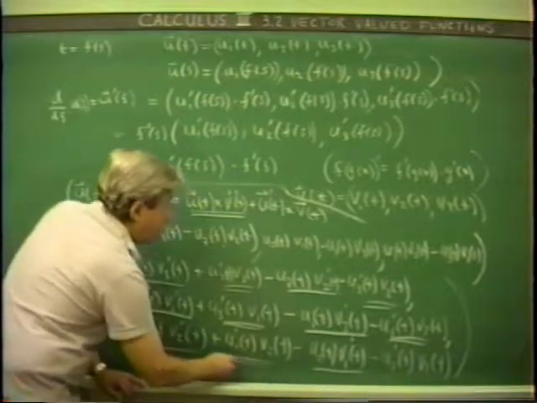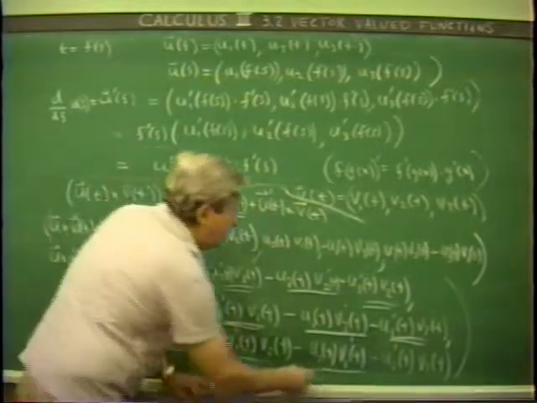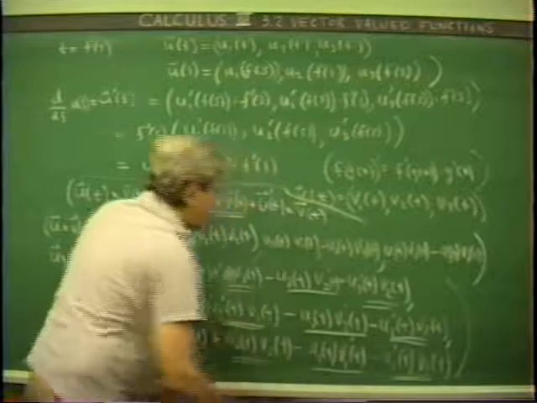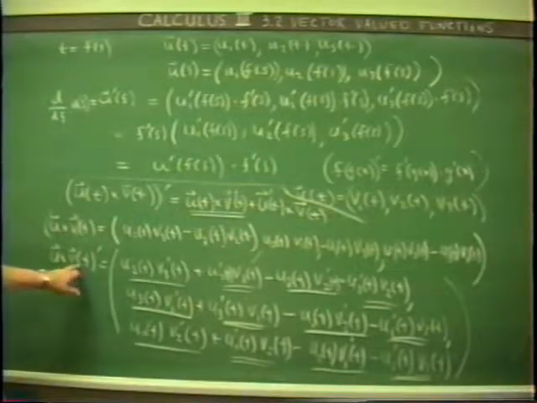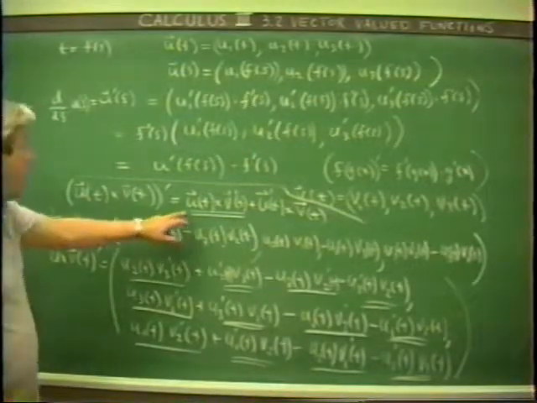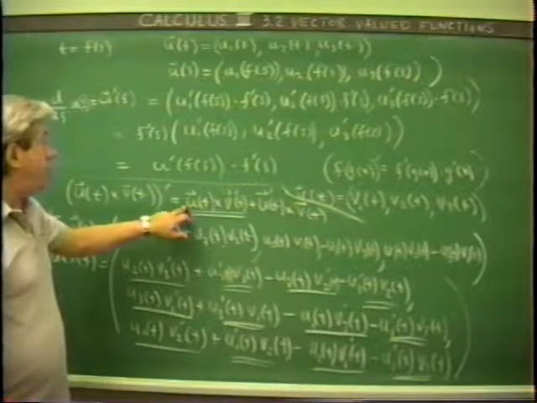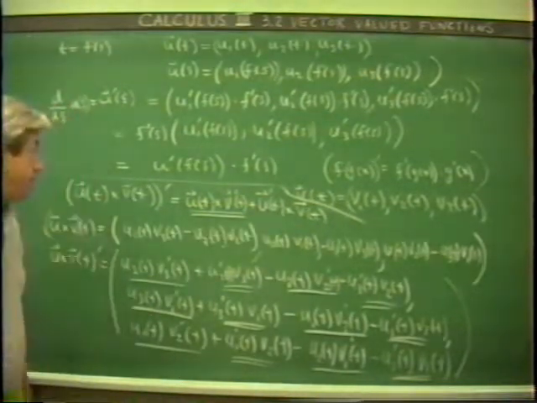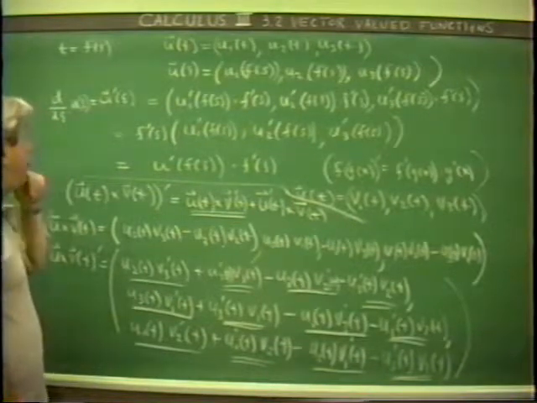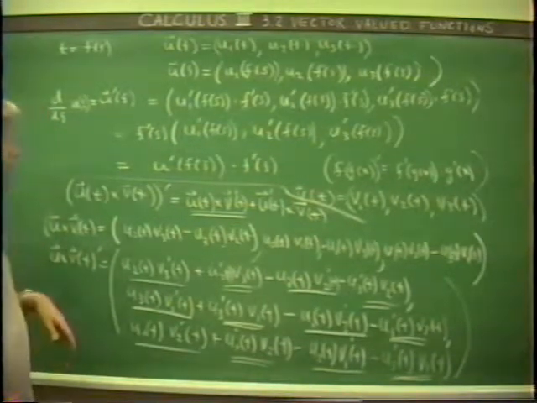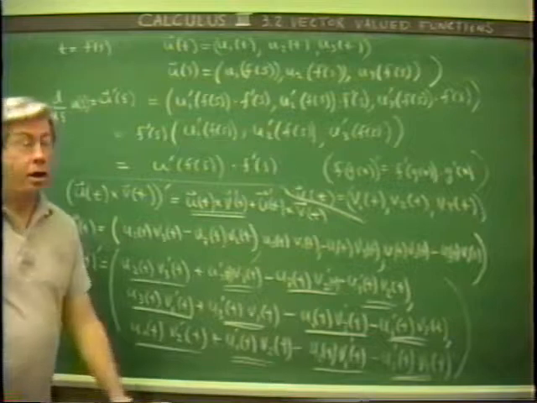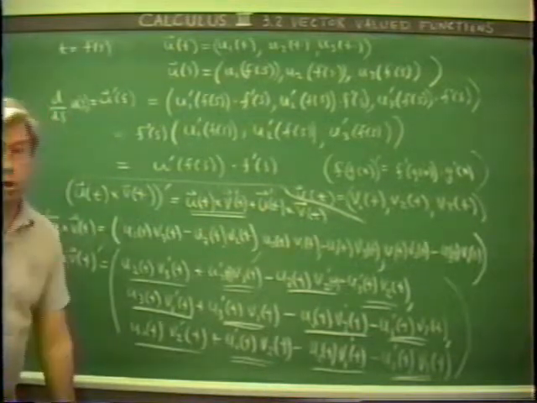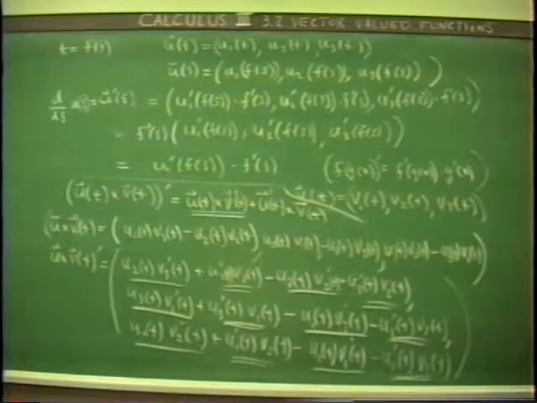And finally, for the z component, u1 prime v2 minus u2 prime v1. And so you can see that the derivative of the cross product is exactly equal to the first crossed with the derivative of the second plus the derivative of the first crossed with the second. So it's two rules here that are very convenient for differentiating vector value functions.